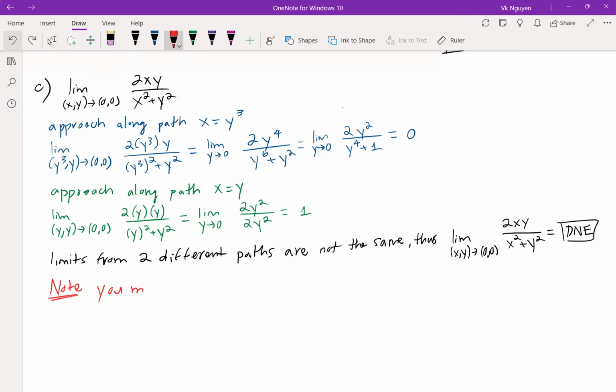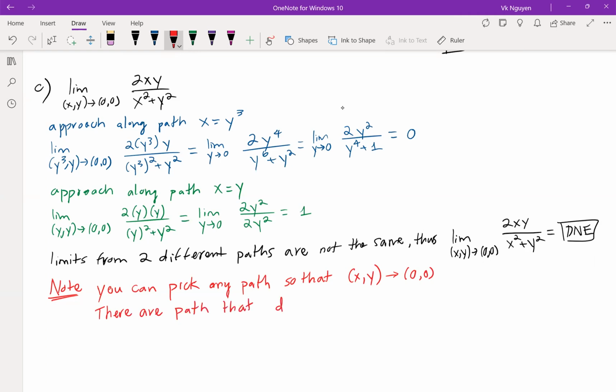You can pick any path so that (x, y) can go to (0, 0). There are paths that do not work.